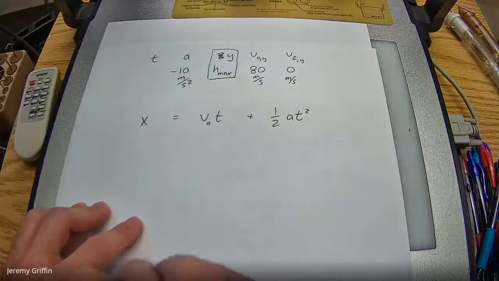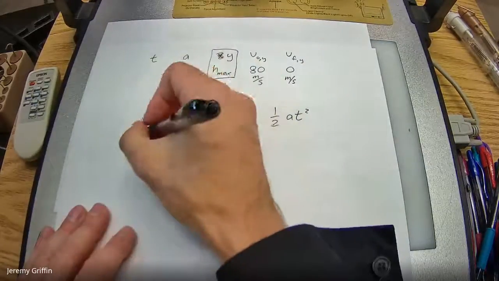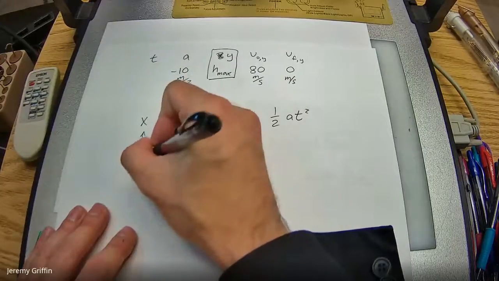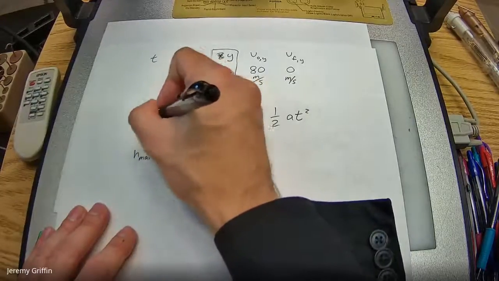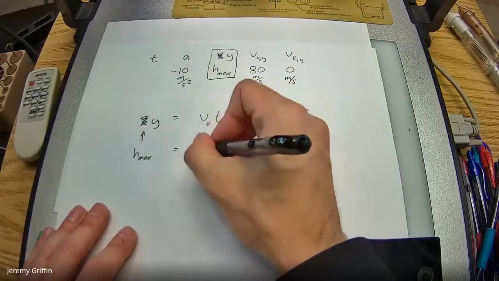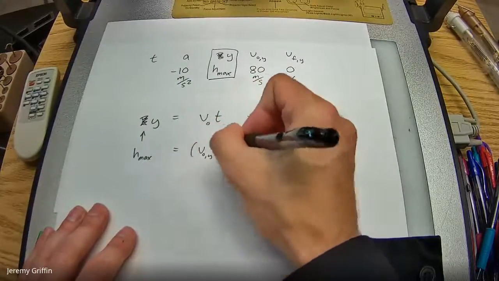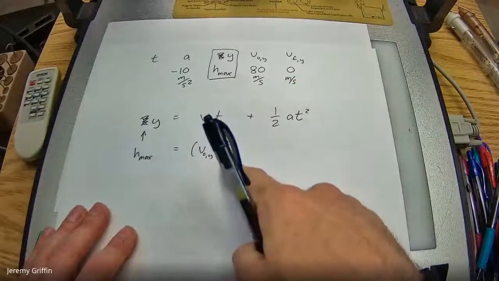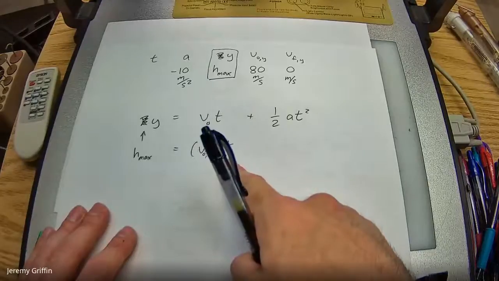Yeah. Okay. You also could have done the second equation. That would have been fine. Okay. But this is represented by h max, it's really y. Maybe we should set y. V naught is, well, V naught y. This is half the hang time is what, I changed my mind.